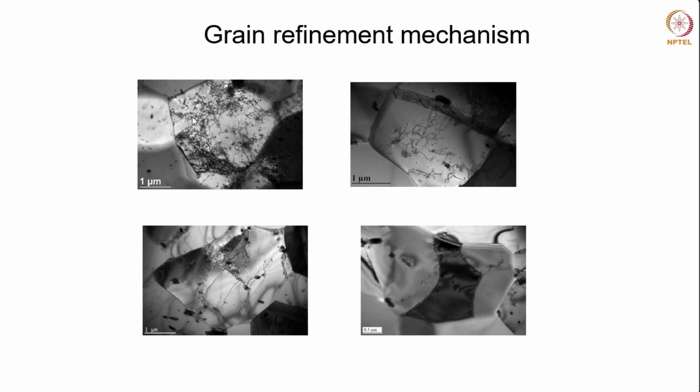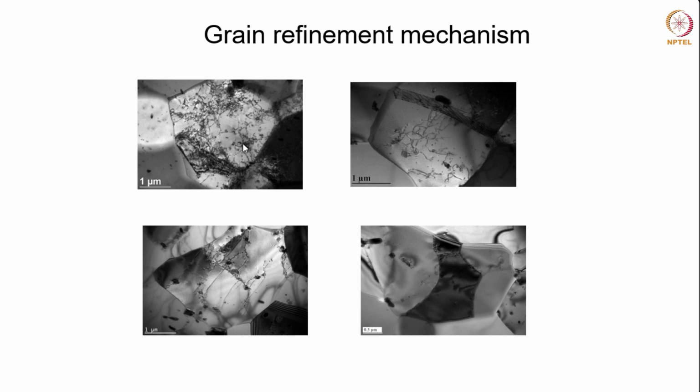You need a strain energy gradient in the grains for them to go through DDRX by that classical nucleation and growth mechanism of static recrystallization.